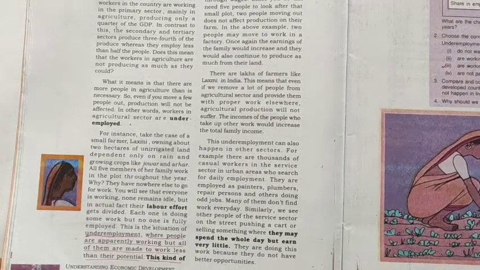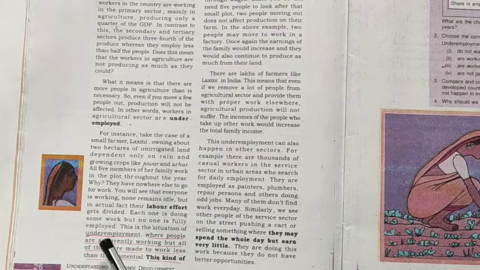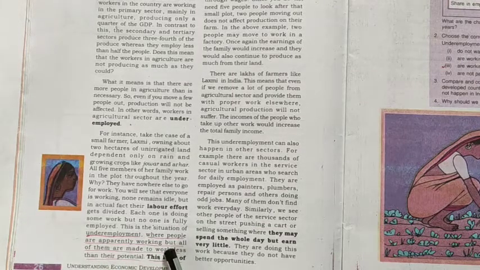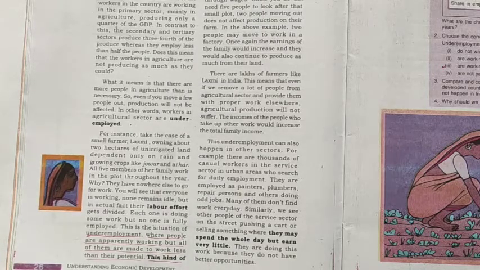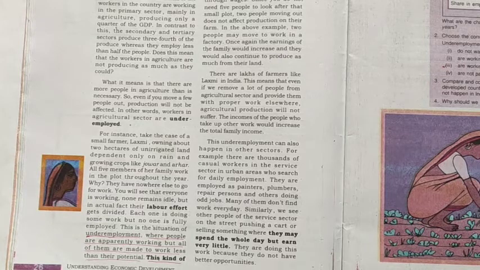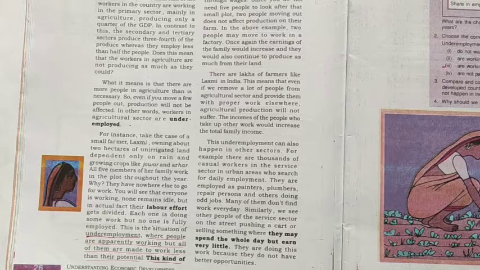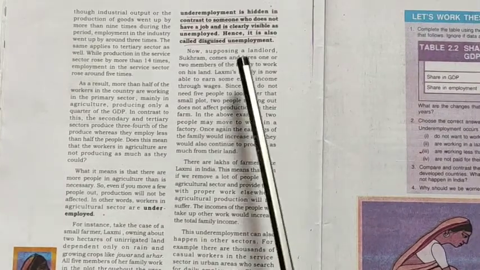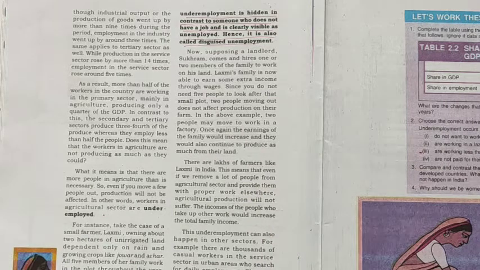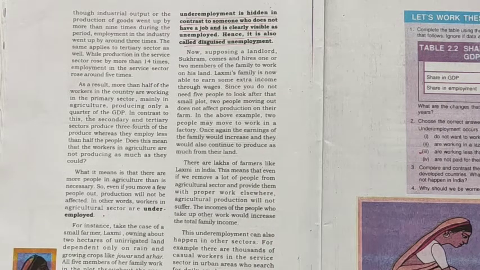So, this is the situation of underemployment, where people are apparently working, but all of them are made to work less than their potential. You have already come across this in class 9. Now, what is the other name for this situation? It is also called disguised unemployment. This type of unemployment, that is disguised unemployment, can be seen all over India.